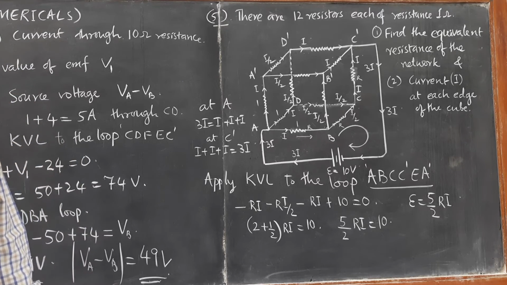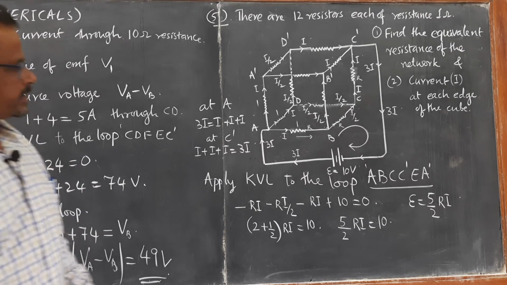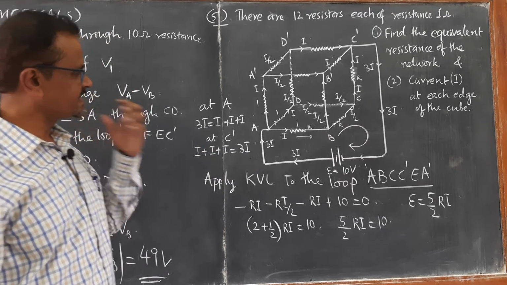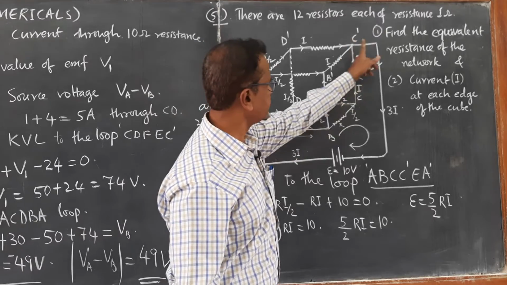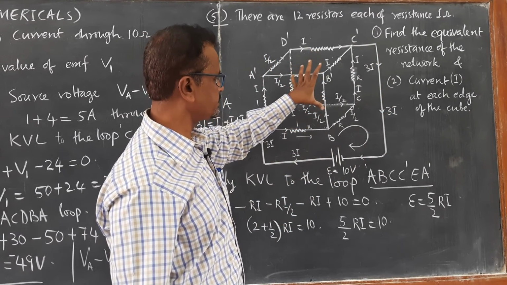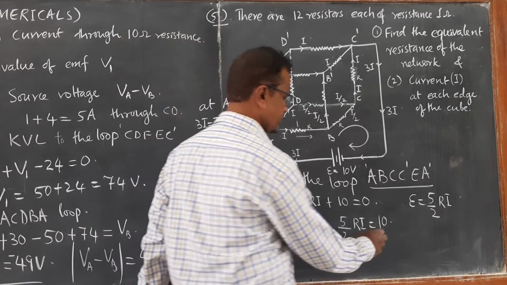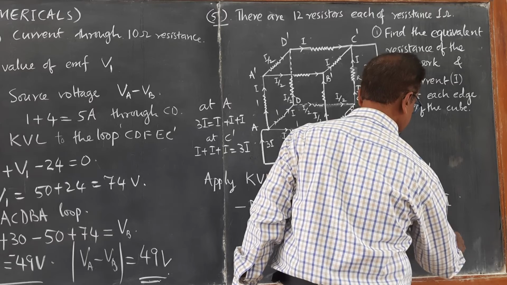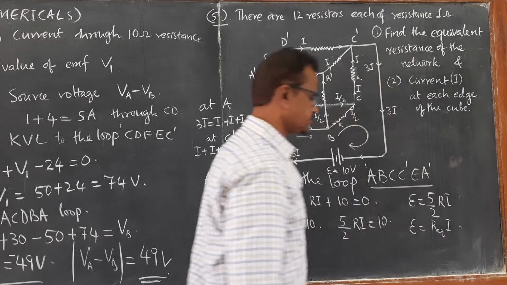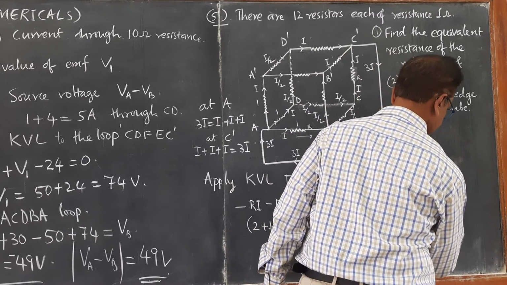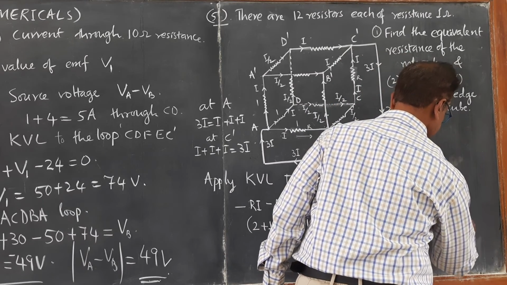Therefore equivalent resistance can be written as, the total current here is 3I. If you take the equivalent resistance as R equivalent, so I can write the same equation, E is equal to R equivalent into I, where the current here is 3I.